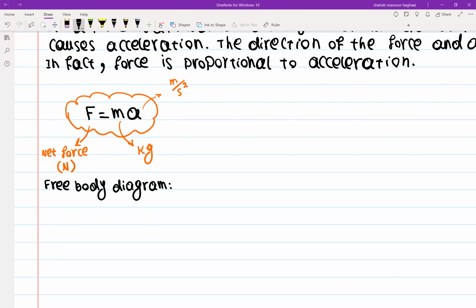Free body diagram is a kind of diagram which shows you all of forces on an object. Therefore, if you have a figure which includes all of forces from your system, it is called free body diagram, and we need it to apply Newton's second law.